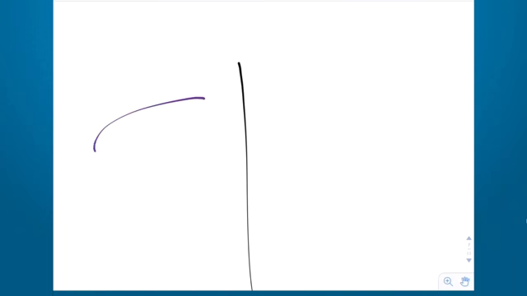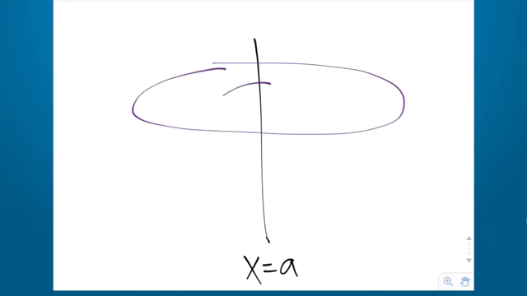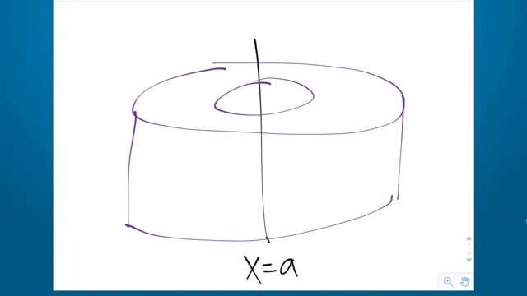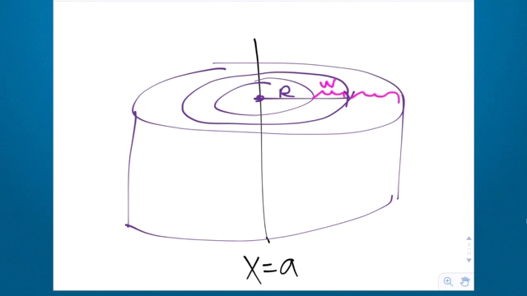I'm going to draw it a little bit wider than it actually is. So I'm going to call this right here, in the middle, R. That's my radius R. And I'm going to call the distance from the inside to the outside W. Now this right here, I'm going to call H of X. It's just the height of the shell.